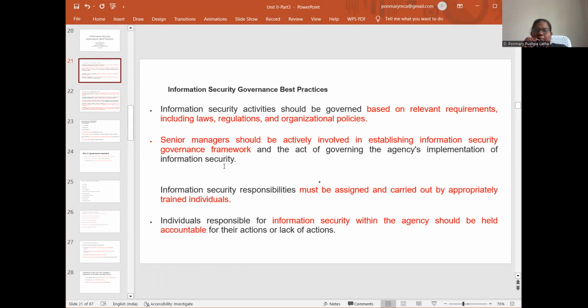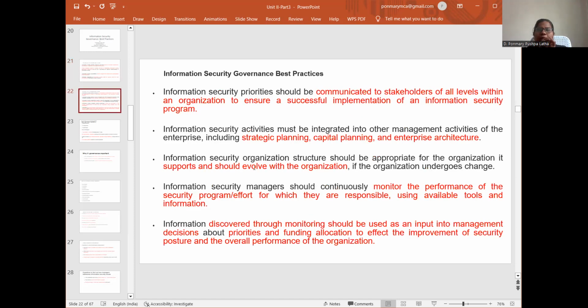The senior managers have the major role, and they are framing the governance frameworks. Every individual in an organization has to be trained efficiently, and everyone is accountable. Any individual who is working there is accountable.